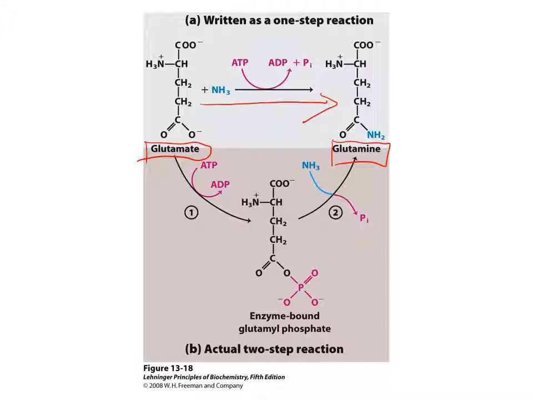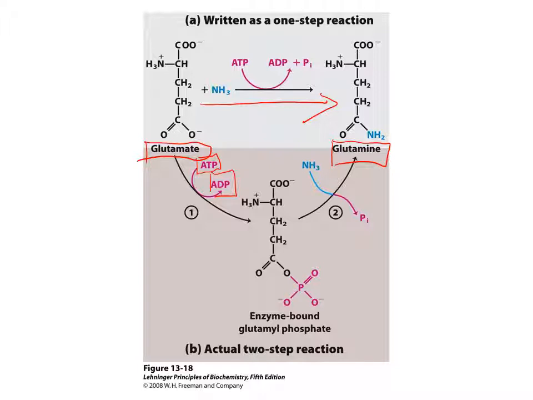So in reality, what happens is the following. We do have the transition of ATP to ADP, which of course means a loss of a phosphate, adenosine triphosphate to adenosine diphosphate. Now, what happens to that extra phosphate?